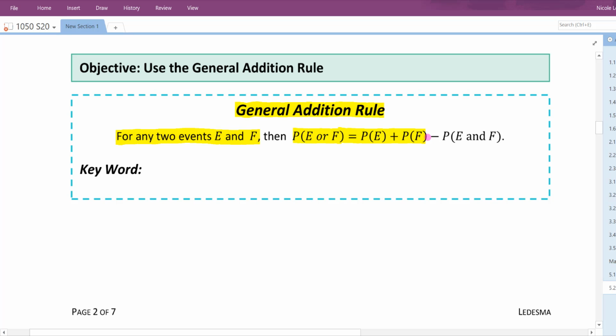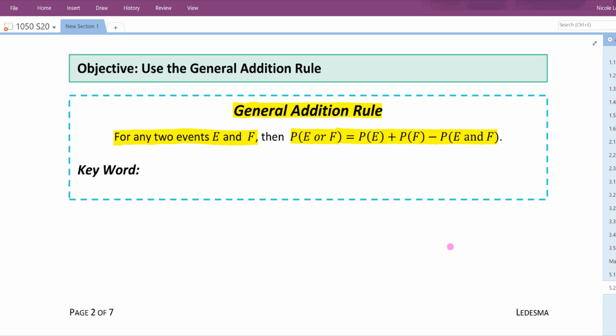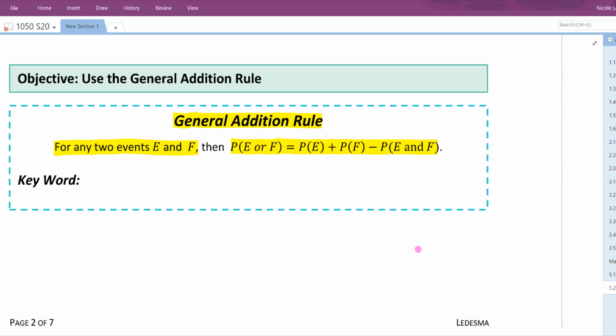But now this is the extra part where you will also have to subtract the probability of E and F. Remember, E and F represents what they have in common. So we're still going to add the two probabilities together, but we want to subtract out what they have in common.